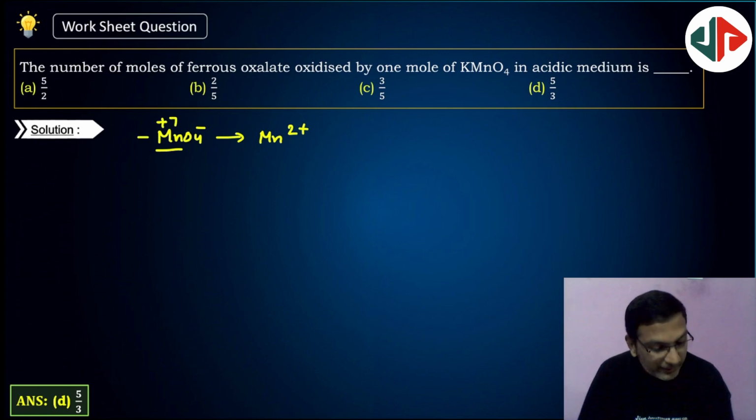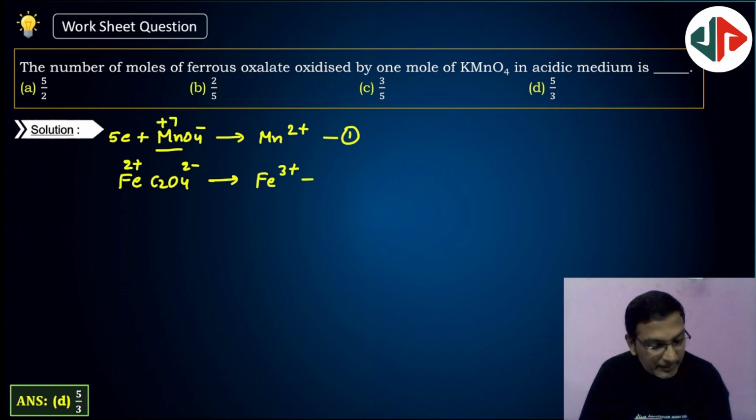Therefore, 5 electrons will be added here. 5 electrons. This is expression 1. Next, ferrous oxalate FeC2O4 changes to Fe2 plus and C2O4 2 minus. Fe2 plus changes to Fe3 plus and oxalate will be changed to CO2. Take 2 moles of CO2.